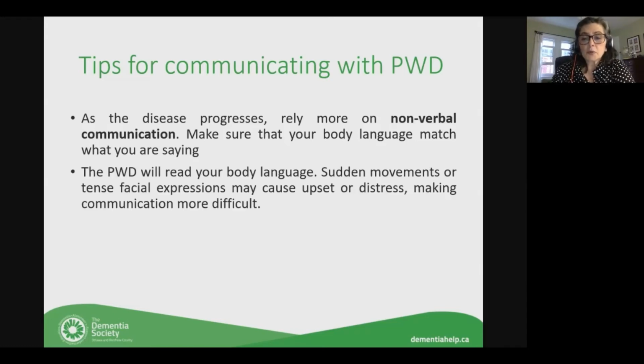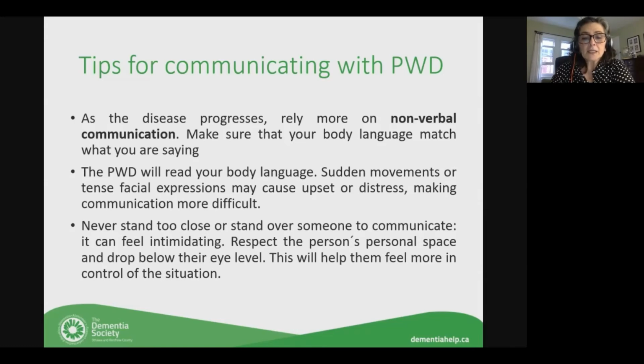So I've talked about body language, and obviously that goes without saying. It's a repetition of what I've said. And there can be postures that are much more threatening. So respecting personal space and making sure that you are at the person's eye level will be really good. The non-threatening stance is one where you are perhaps at a 90-degree angle from the person that you're talking to.